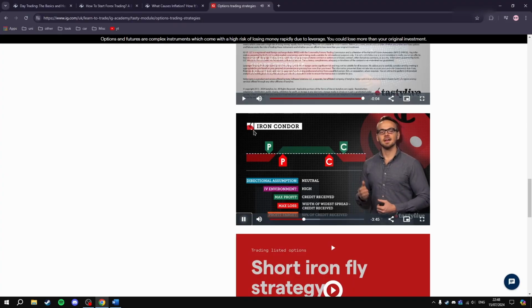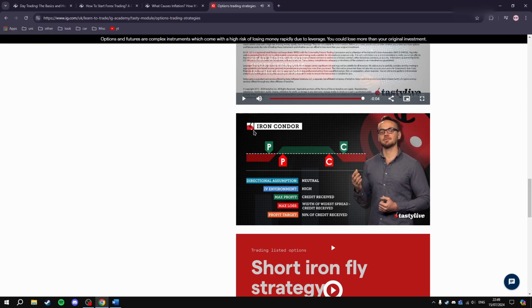Giving the stock price a range to be successful has a higher probability of success than if we were to become long or short stock outright, where we'd need the stock to move in our direction to be successful. Our assumption is neutral because the directionality of our short spreads offset each other. This is conceptually the same as a strangle, except we have short spreads instead of short naked options. A short put spread is bullish, and a short call spread is bearish, but since we're selling both out of the money at the same time, we create a neutral range of profitability.